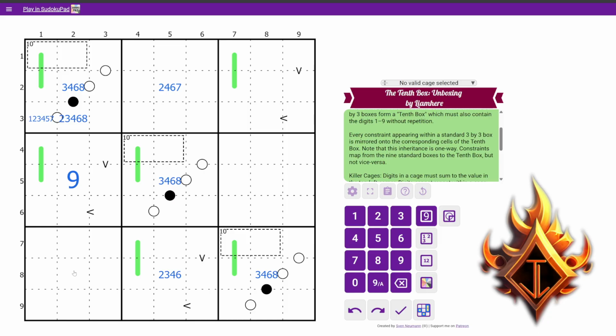What about 8? Because now this one can't be 8 either. But look how many can. A lot.